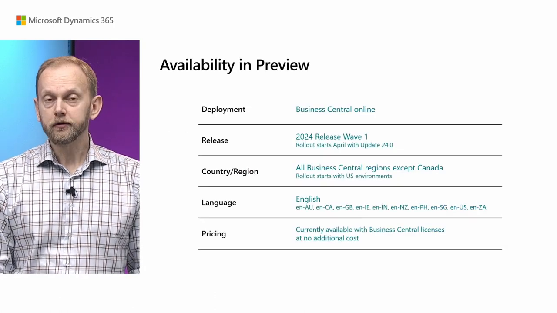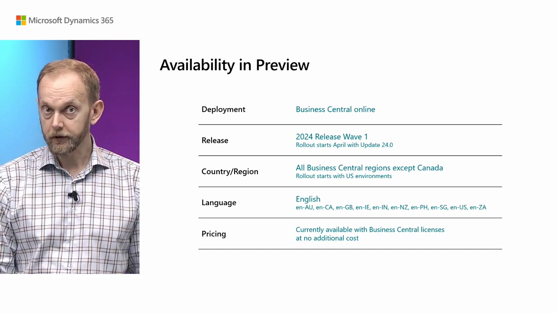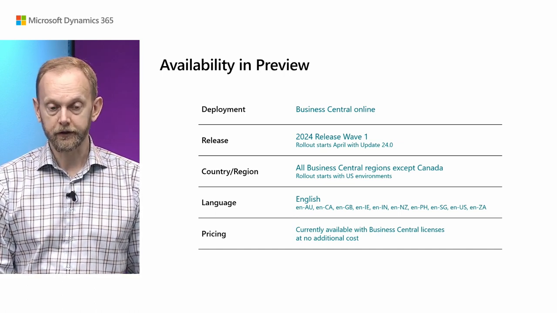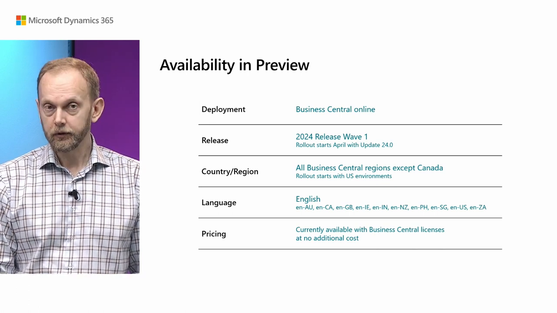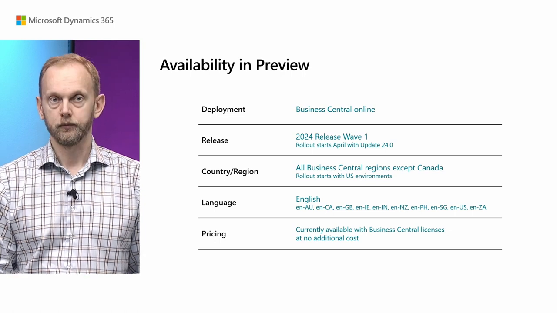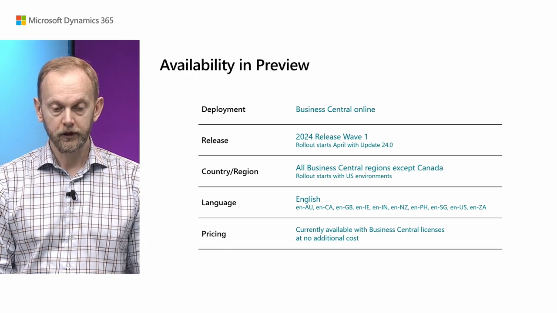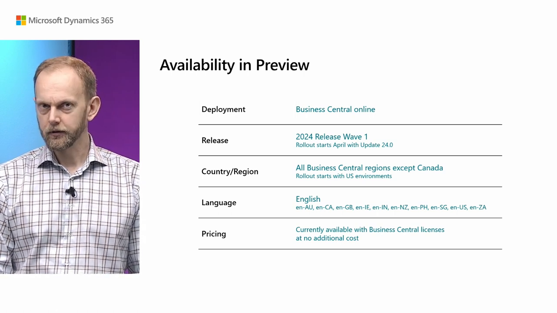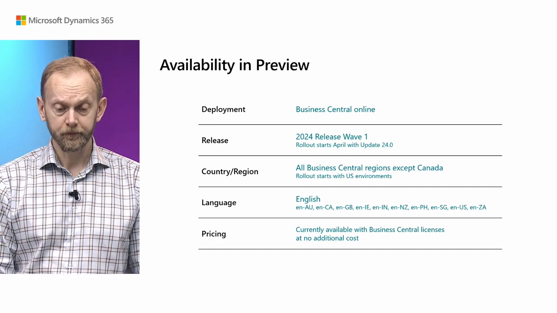All right, about this specific capability of the Copilot. It will be available in Business Central Online, also known as software as a service, so the cloud version. It will be available with the 2024 release Wave 1, which is starting in April, starting from the US regions. It will be available in almost all regions except Canada, and I will explain why.